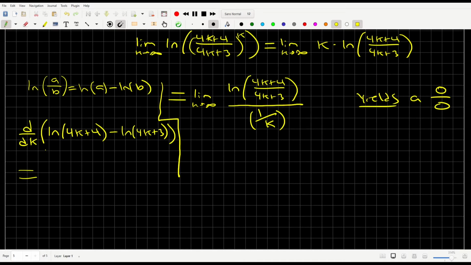So the simplified derivative is going to be 4 over 4k plus 4 minus 4 over 4k plus 3.